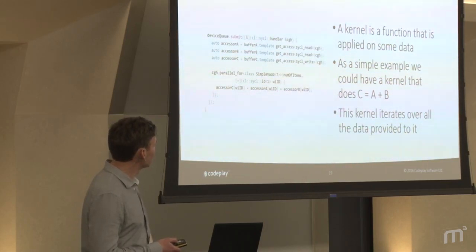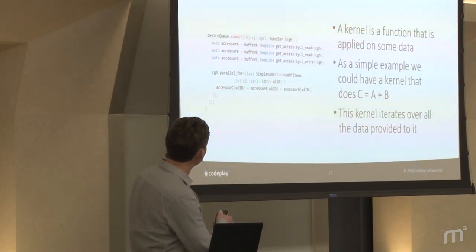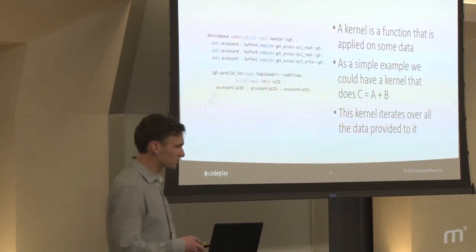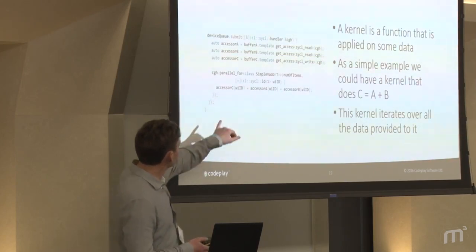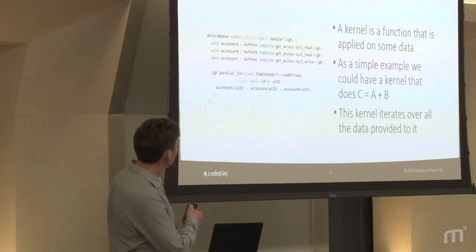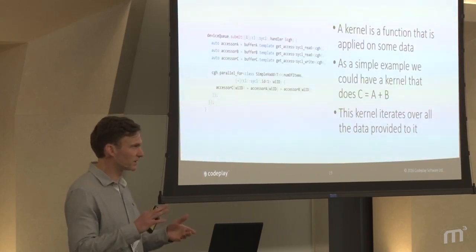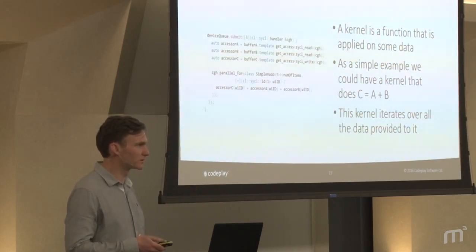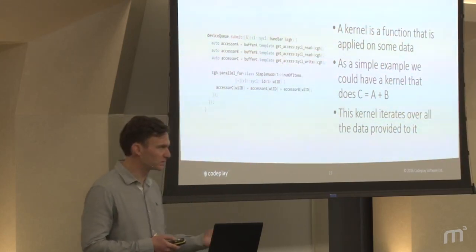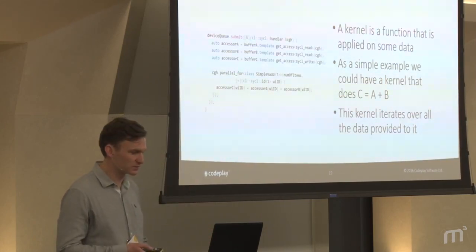This is defining a really simple kernel that just does C equals A plus B. So it's not doing anything massively complicated. The key bit here is that the parallel for part is basically saying here's a big data set, run this operation in parallel on the hardware that's available to you. So you don't need to worry about what the hardware is. The language will then translate that so that it can be done.